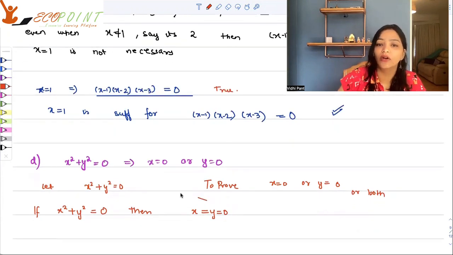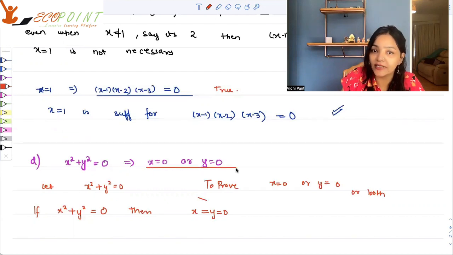So your condition gets satisfied. x squared plus y squared equals 0 is actually getting you that x is 0 and y at the same time is 0. So "or both" is included here, and that's why this is true. So this is a true implication.